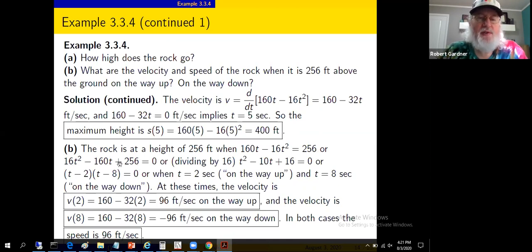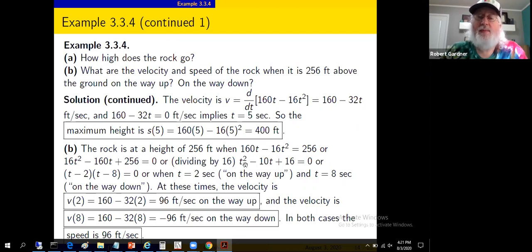That'll produce this quadratic. Feel free to pause the video and double check the arithmetic, make sure it's okay with you. But we'll get 16t squared minus 160t plus 256 equals 0. Turns out 16 divides all of those, so they probably did give us nice numbers. And we can simplify that to t squared minus 10t plus 16 equals 0, dividing that factor of 16 out.